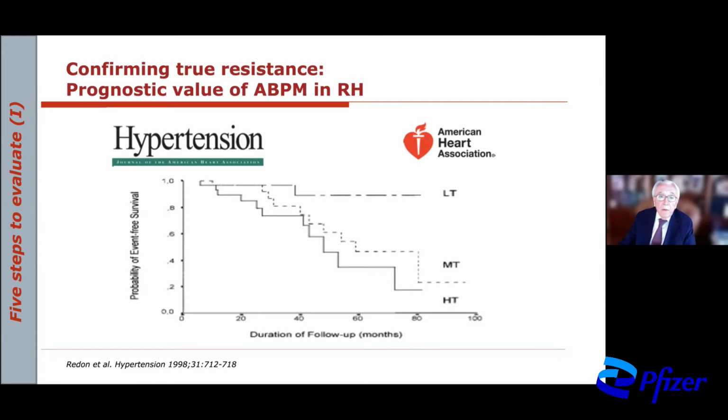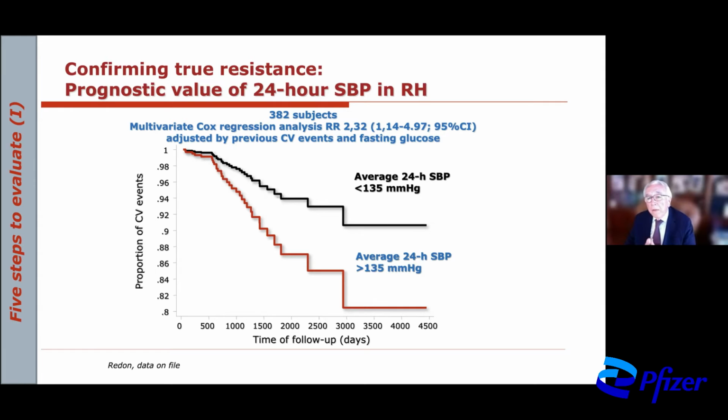More recently, we conducted one study in which we not only measured ambulatory blood pressure monitoring one time, we used repeated measurements. In a cohort followed over time, in 382 subjects, you will see how an average 24-hour systolic blood pressure of less than 135 millimeters of mercury is associated with significantly lower risk than those that have higher levels.